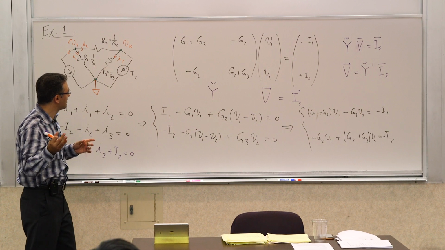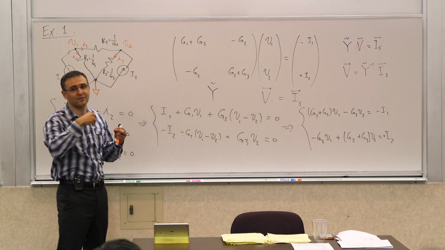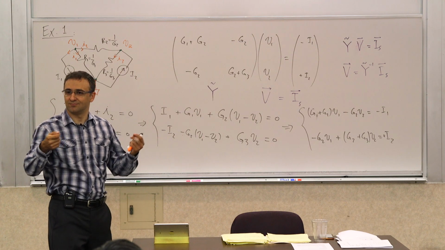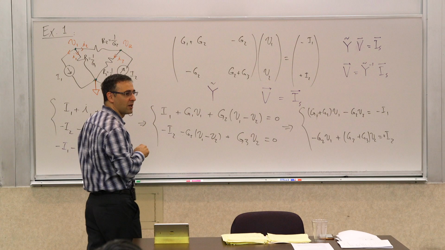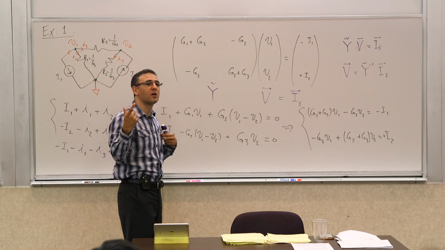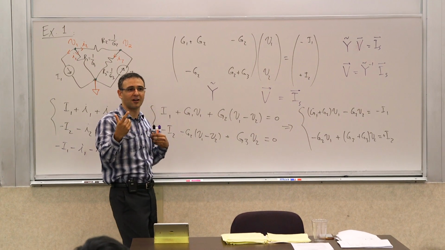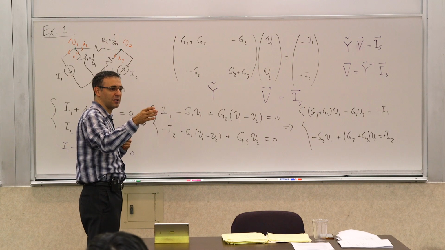So the statement is that the diagonals contain the sums of conductances, and the off-diagonal terms have some other conductances. So that seems to be correct. Yes, that's correct. But that's not enough to write it unambiguously, right? Can you come up with a rule that at least in this case you can write it unambiguously?